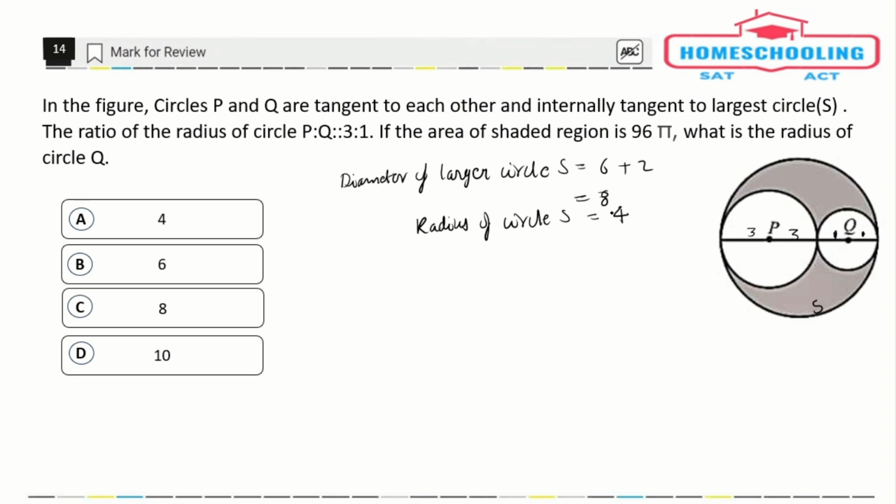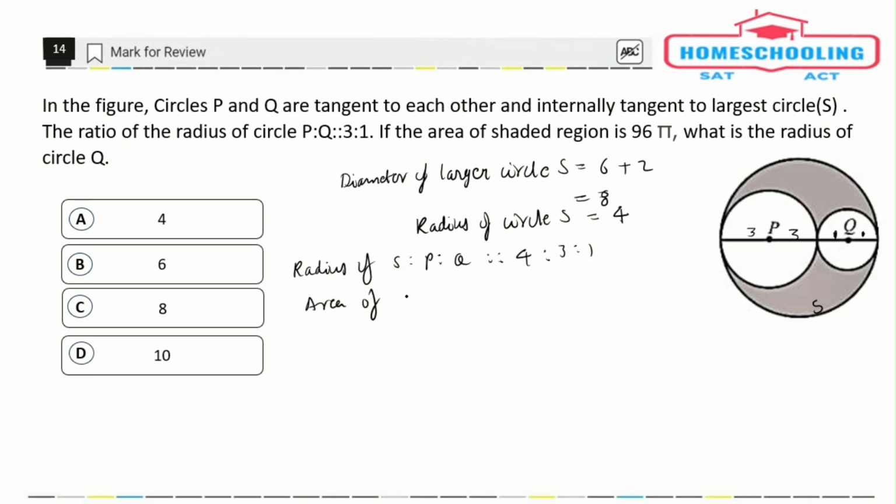So now we know the radius of the larger circle S. Now we can write that the radius of circle S is to P is to Q as 4 from here, and P and Q is 3:1. So 4:3:1.